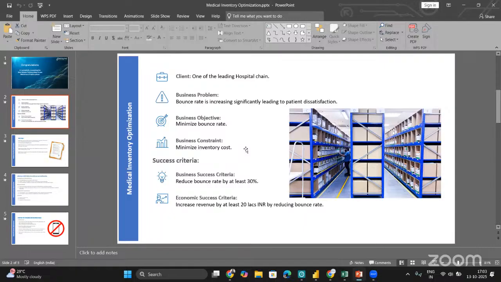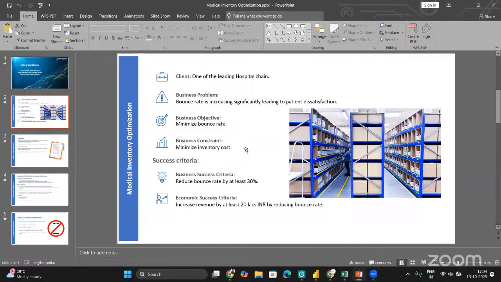Sometimes medicines are overstocked, or sometimes medicines are expired. So we have to maintain minimum medicines, so that before they expire, we have sold all the medicines, right?